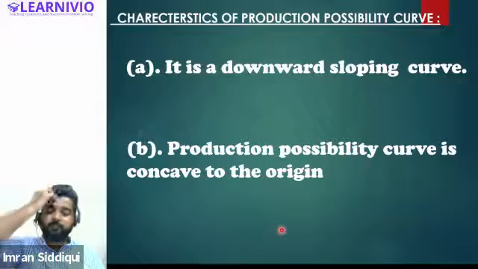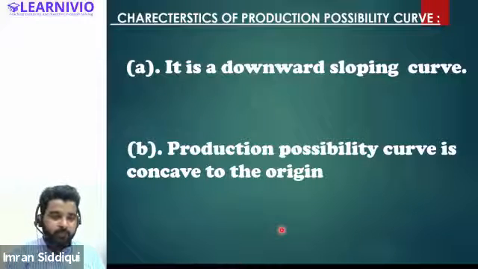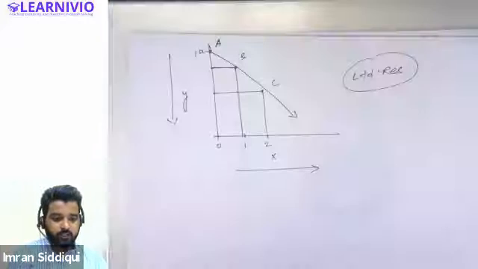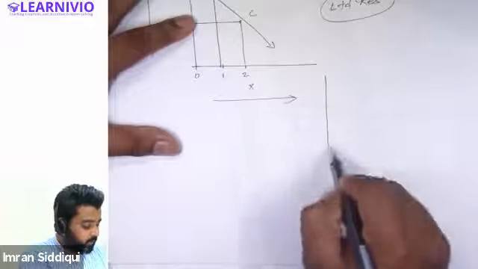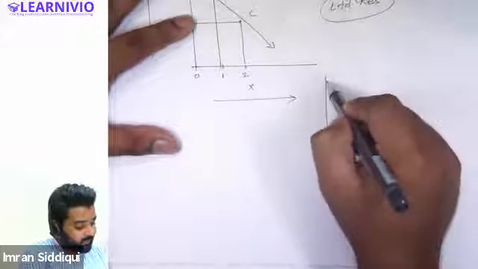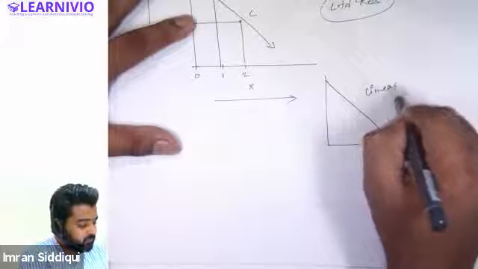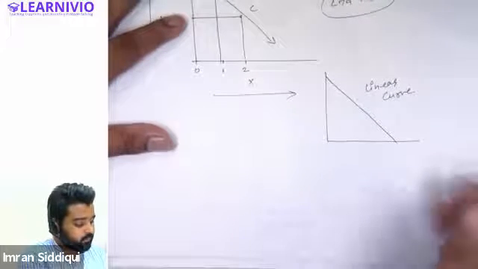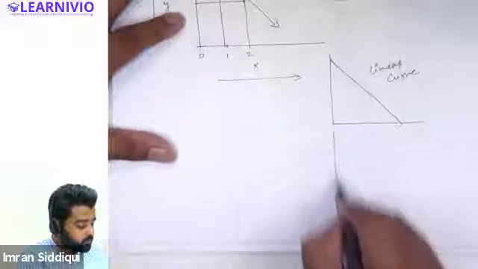Why is the production possibility curve concave? See, practically in microeconomics, there are basically 3 types of shapes in economics. When you draw the diagram, it can be a completely straight line. This is called a linear curve.